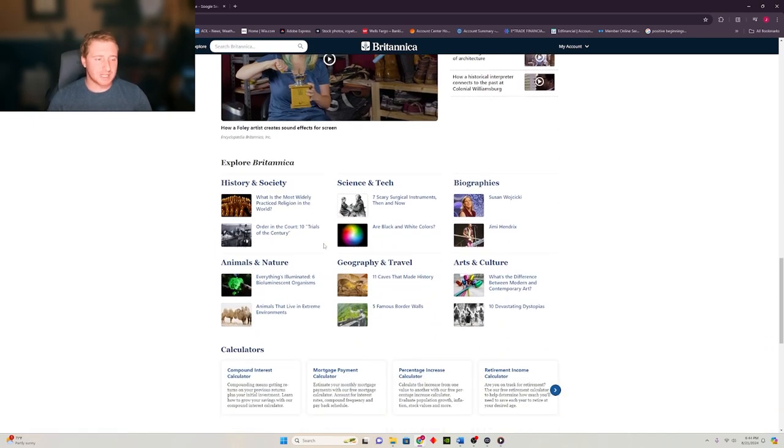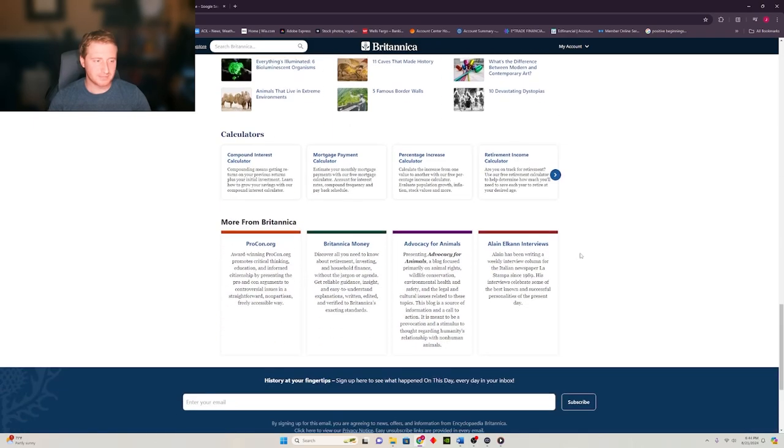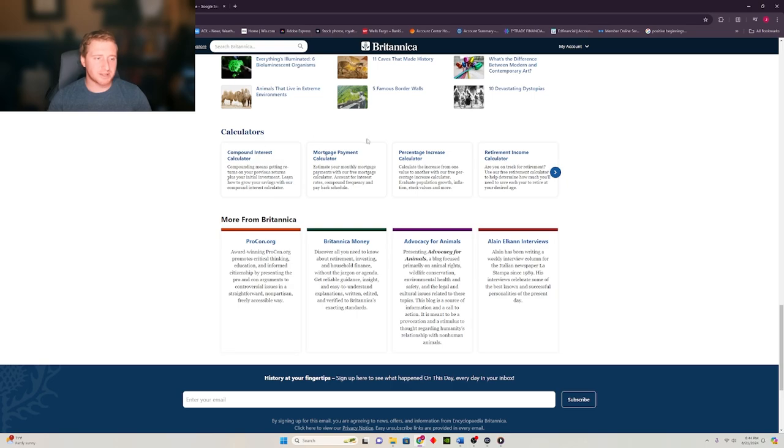There's more grounded topics based on what we saw within the side menu, which is History and Society, Science and Tech, Biographies, Animal Nature, Geography and Travel, Arts and Culture. You obviously have calculators on here, which is a very helpful tool because a single calculator may not necessarily reflect the kind of calculations that one may need with other sources, because not all of them can necessarily take a TI-84.